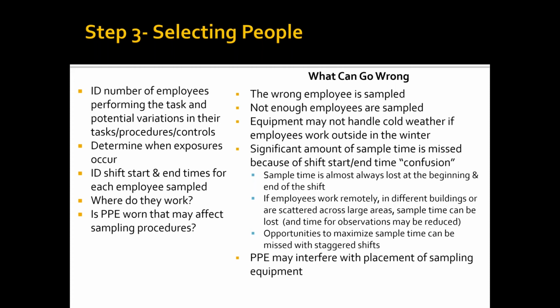People aren't all starting and ending their shifts at the same time. And if you're not there at the beginning of the shift when things start happening and you only got an 8-hour shift, you can really get lost sample time and shortened samples that then you have to make interpretive judgments. I'd rather have data than have to make an interpretation of what I think happened. And so really trying to nail down shift and start times is really important.